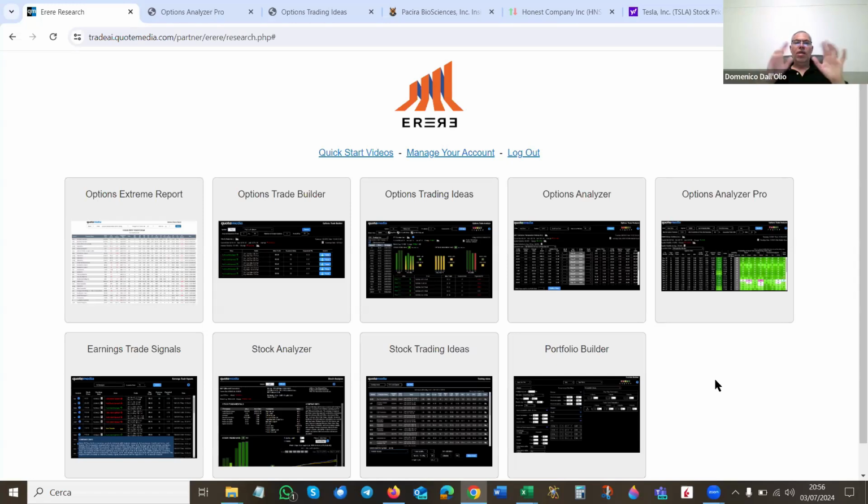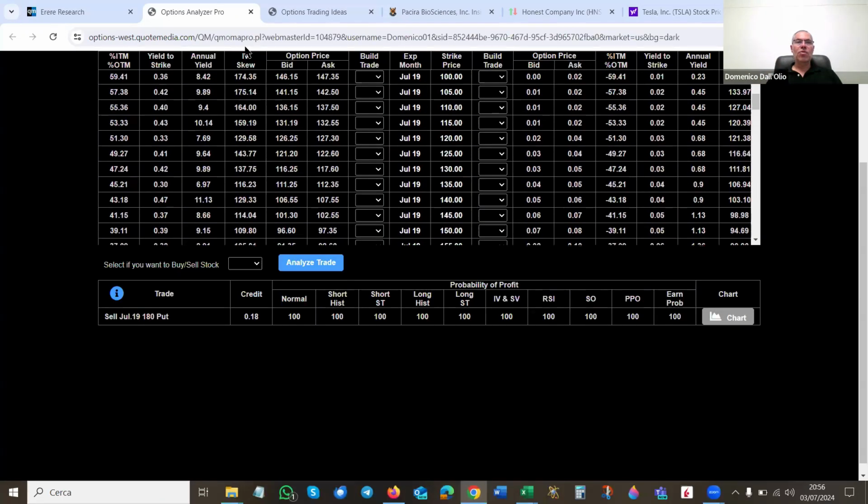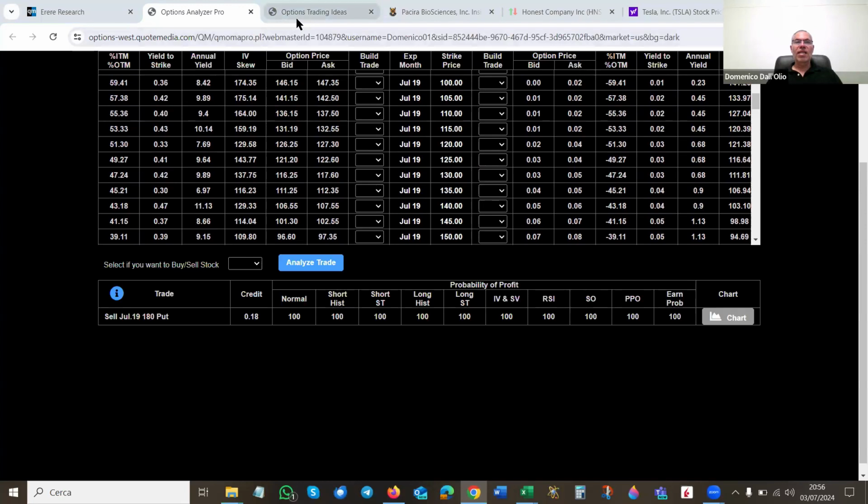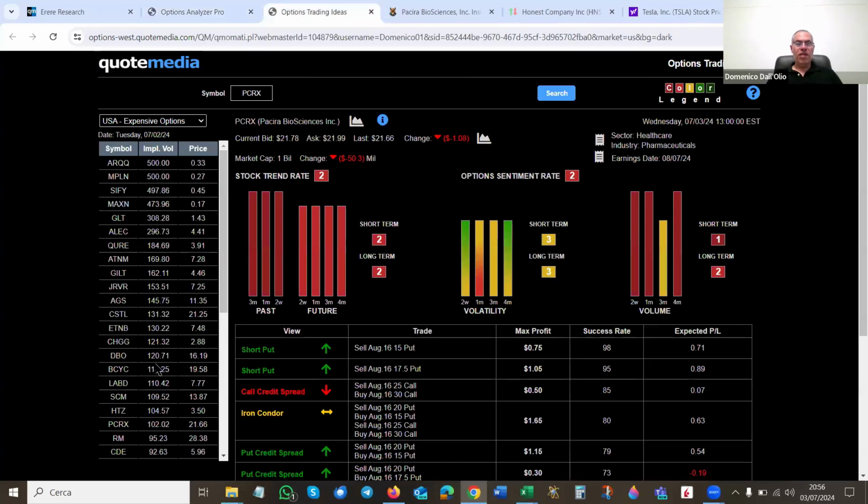The goal is to provide you with those we think are the best trades highlighted by the platform, commented. So an idea, as I showed you on PCRX, according to the option trading ideas algorithms, in terms of expensive options, there is this trade, which is a short put 15 with this credit, with this probability of success, with this expected profit and loss.